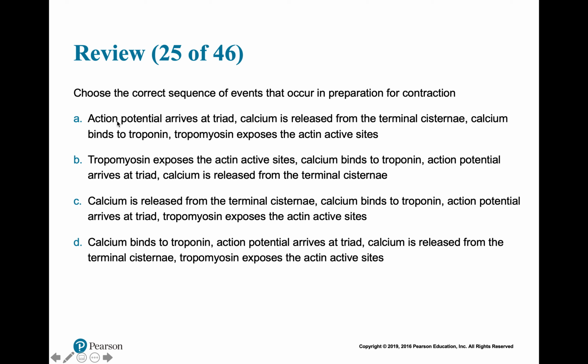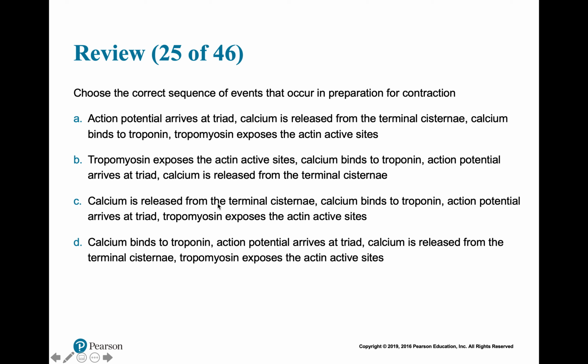So most likely this is going to be the correct answer because this has to happen before the calcium is released from the terminal cisternae. Let's just look at D to make sure. Even if I have an idea that this is correct, I like reading through all the options. Calcium binds to troponin. Well, I know calcium has to be released before calcium can bind to troponin, so this is incorrect. So I've eliminated B and D just by looking at the first and second step of these two.